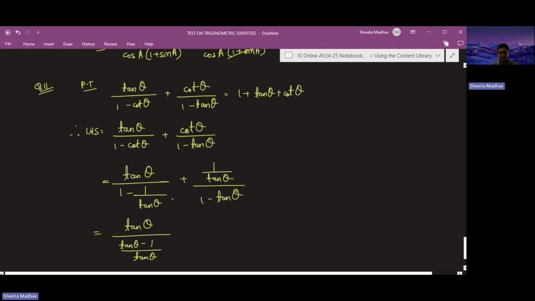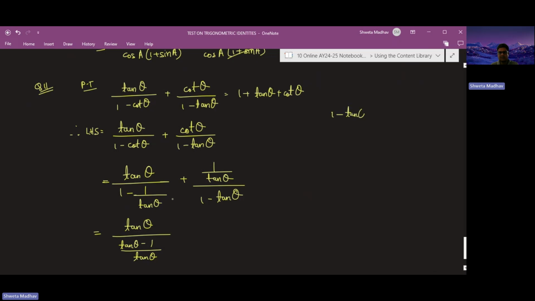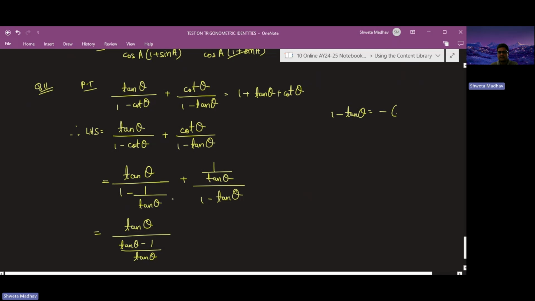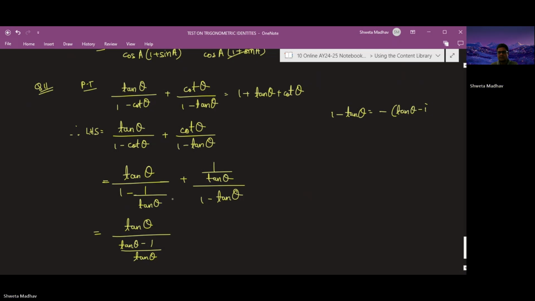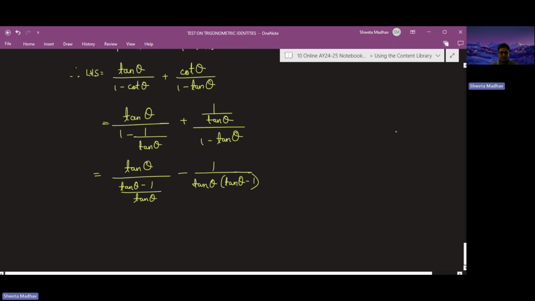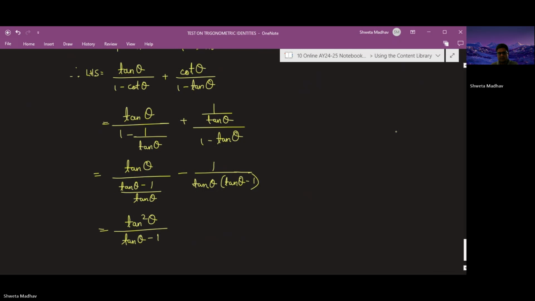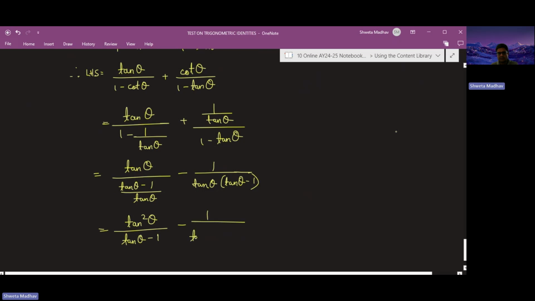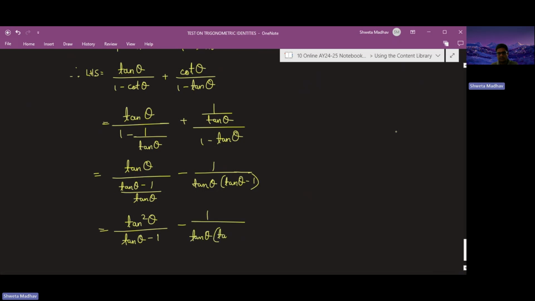And this 1 minus tan theta, I can also write as minus of tan theta minus 1. So we can write this as minus of 1 by tan theta into tan theta minus 1. Now this tan theta will go up, so this will become tan square theta divided by tan theta minus 1, minus 1 by tan theta into tan theta minus 1.